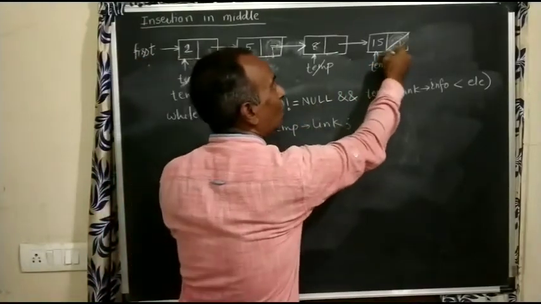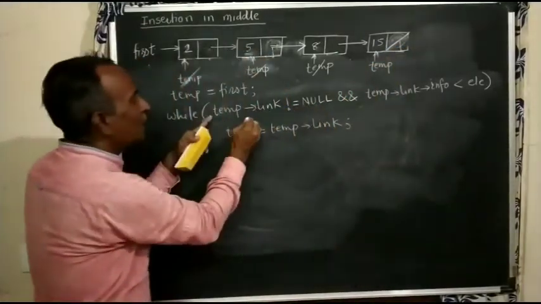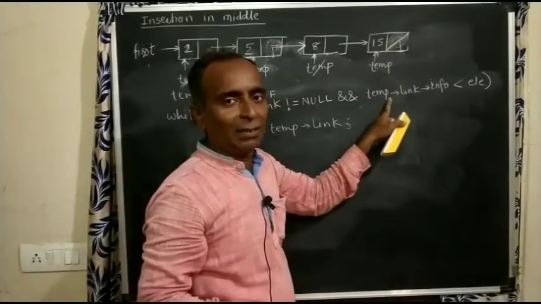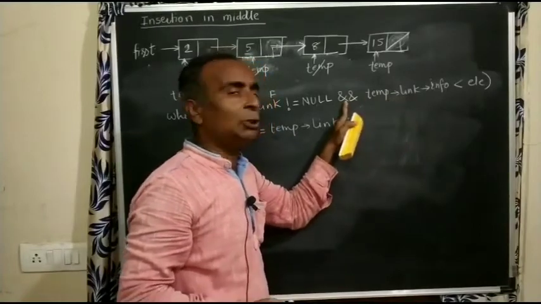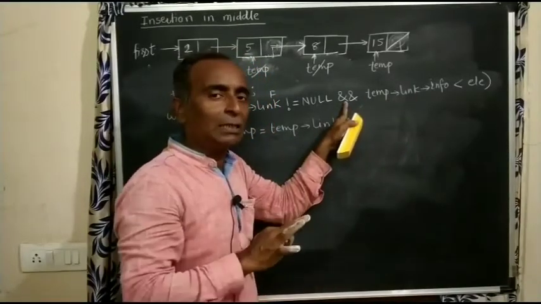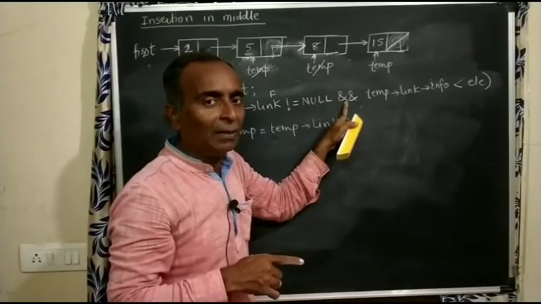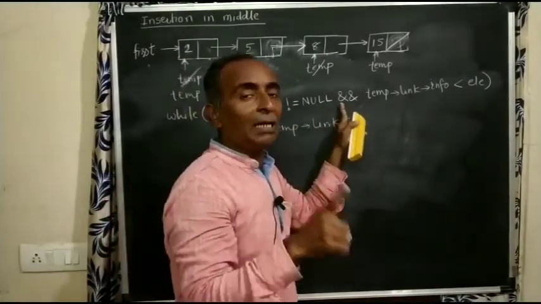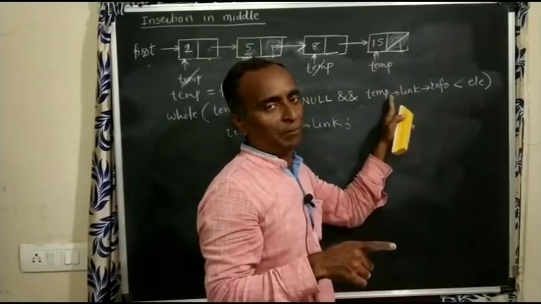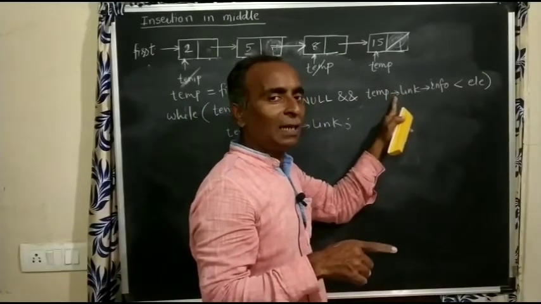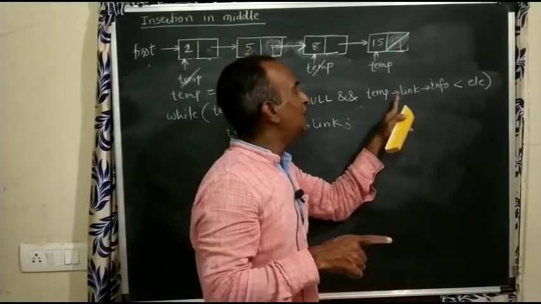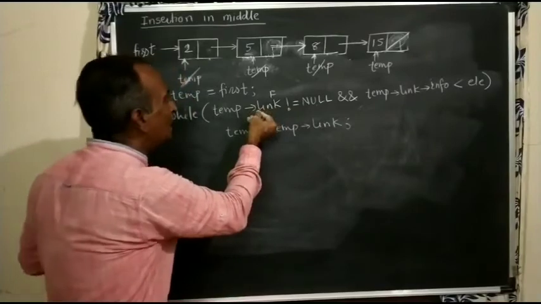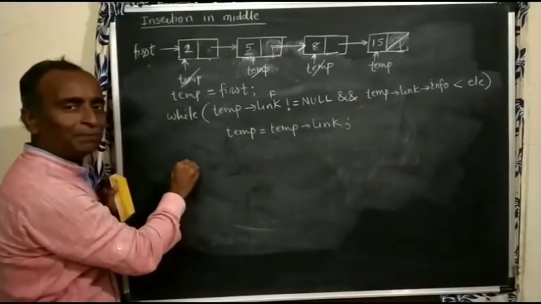No, it is null now. When it is null, this condition will become false. So it will not evaluate the second condition, because this is a short-circuited AND, which we have already seen. What is short-circuited AND? If the first expression is false, then it will never evaluate the second expression. So this expression has a problem, but it will not be evaluated because the first becomes false. When this becomes false, it will come out.